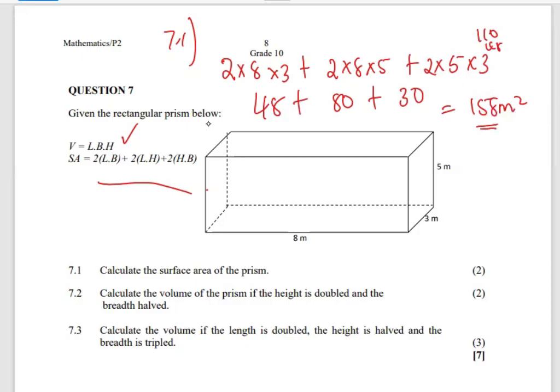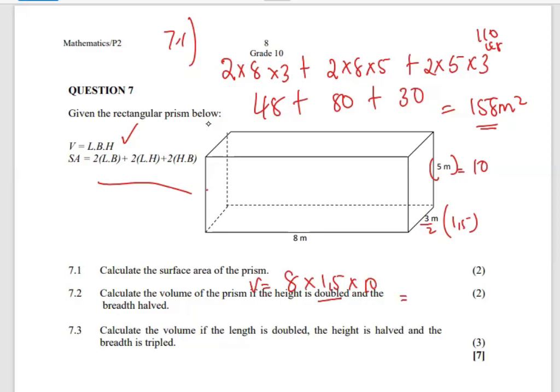All right, then calculate the volume of the prism if the height is doubled. Okay, so if you double this, you're going to get a 10. And then you halve the breadth, which is going to be 1,5, okay, 3/2. Meaning that volume is going to be 8 multiplied by 1,5 multiplied by 10.